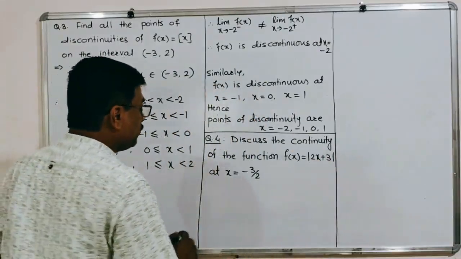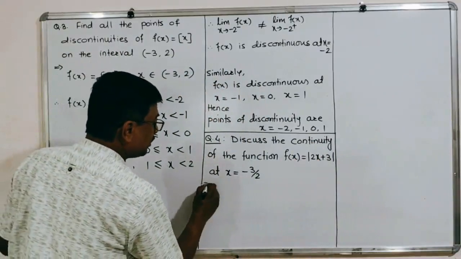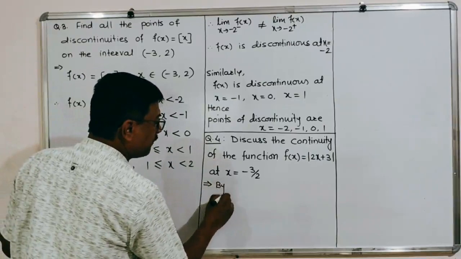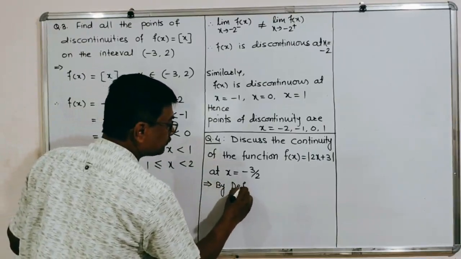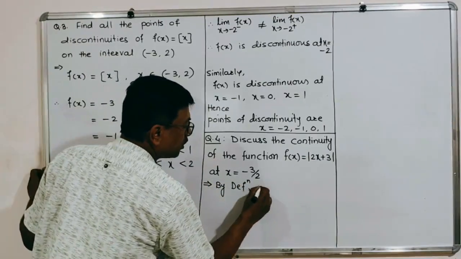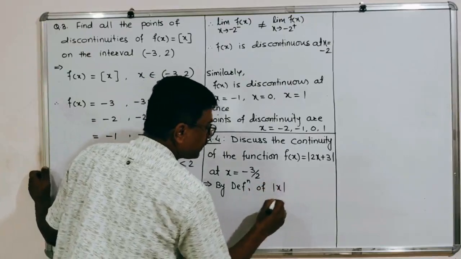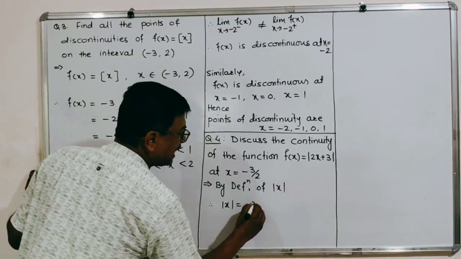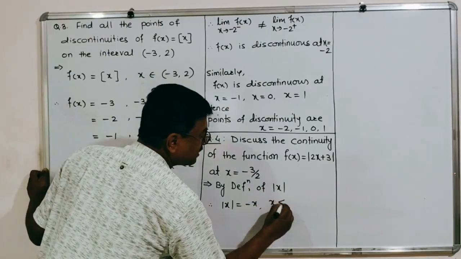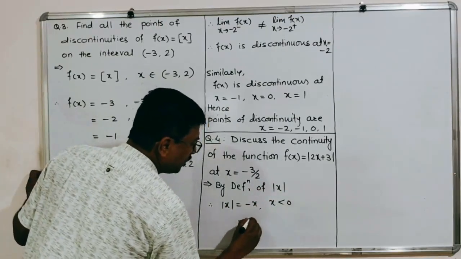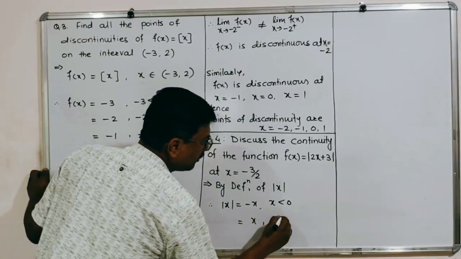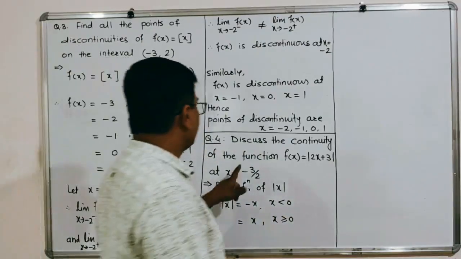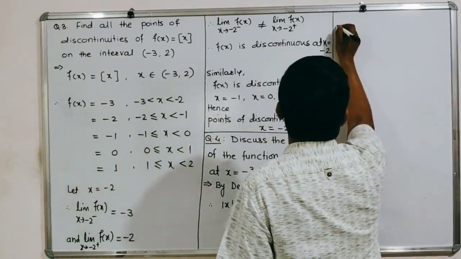But here we define this function using the definition. By the definition of mod x, we can say that mod x is equal to -x for all the values of x less than 0 and is equal to x for all the values of x greater than or equal to 0. Using this definition, we can redefine this function.